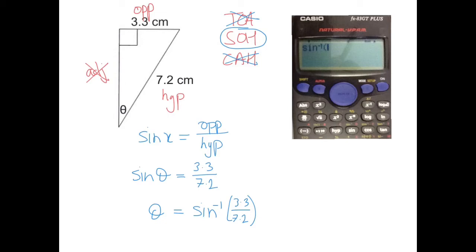To get those values, we press the shift button and then the sine button, and that gets me the display inverse sine. Then after that, I just write 3.3 divided by 7.2. When I do that, my calculator says theta is 27.3 degrees.